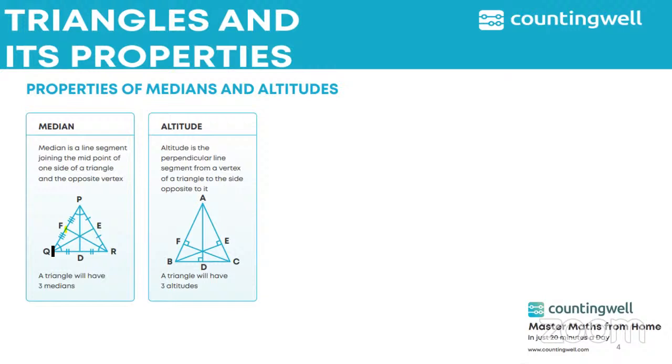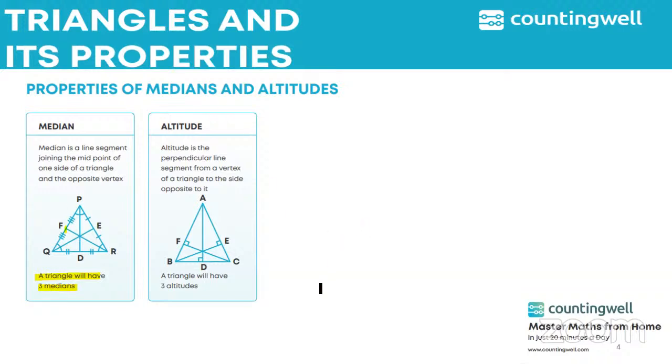So the line segment joining Q and E is the median of side PR. Next, we have D is the midpoint of side QR and P is the angle opposite to side QR. So the line segment PD is the median. So we have here three medians of triangle PQR, which are PD, QE and RF.